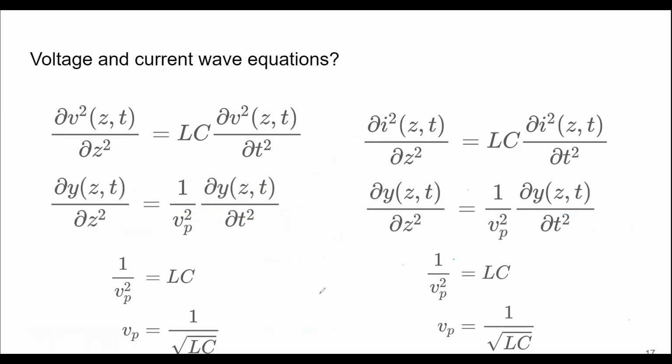Because of that, we can derive the conclusion that the velocity of the wave will be equal to 1 over the square root of LC. Okay, the reason is that there should be a square term here and a square term here. So I will explain that again, right? Earlier we obtained this equation using derivatives, and we have this expression.